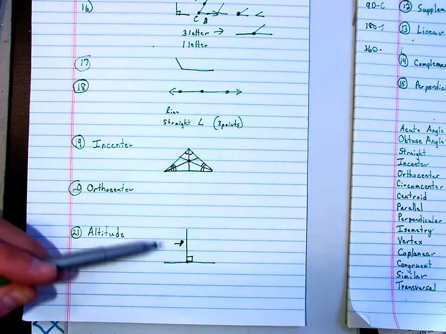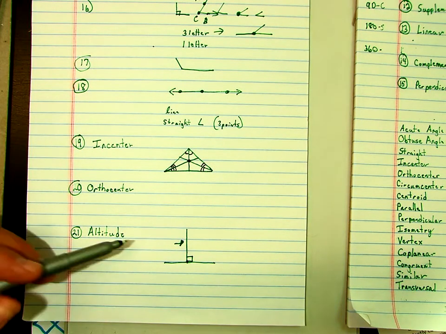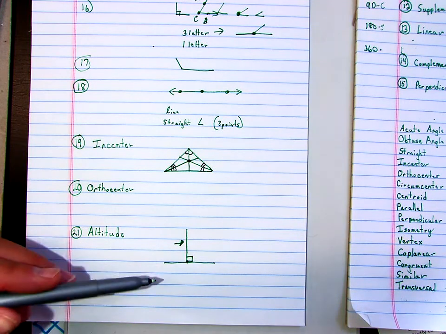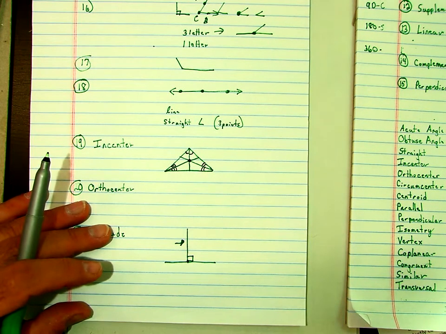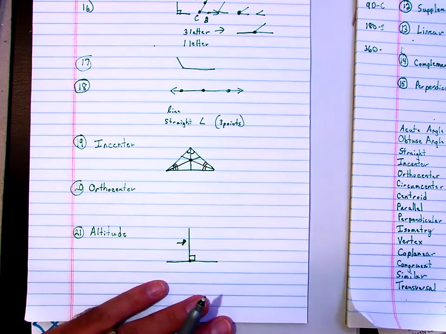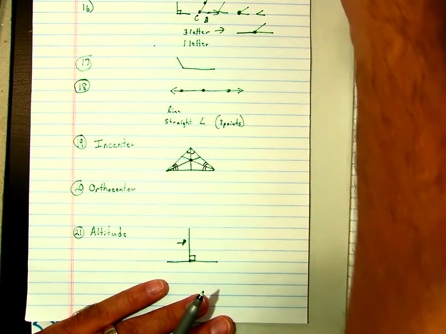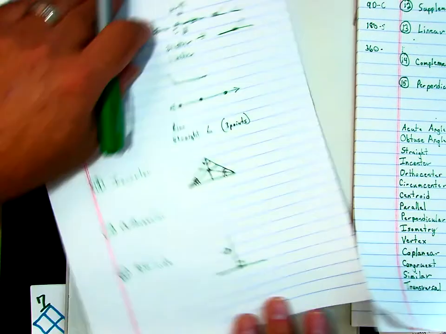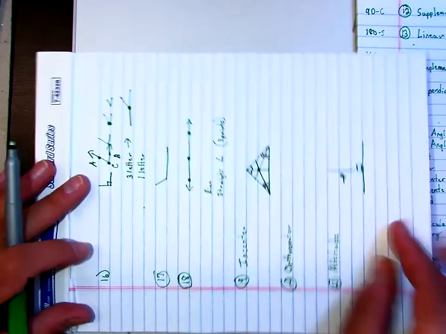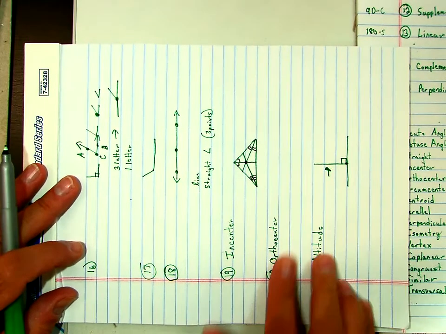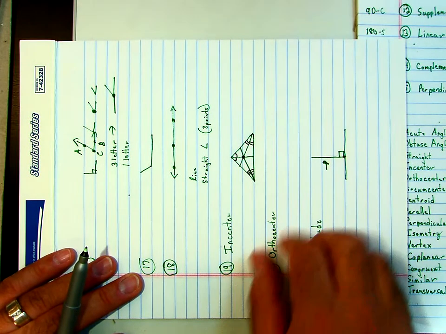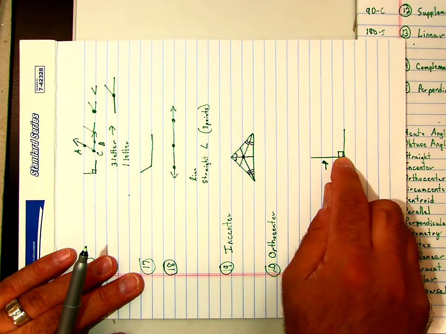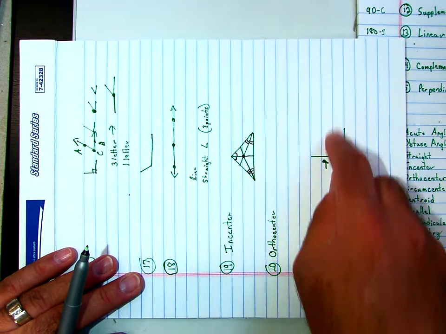The line that makes a right angle is called the altitude. The one line, not both lines. One line's going to be there. Altitudes can change shape. Like you can have an altitude drawn sideways. This is still called an altitude. Just because the picture's sideways doesn't mean it's not an altitude. The altitude is the single line that is drawn that is perpendicular, not the line that was already there.